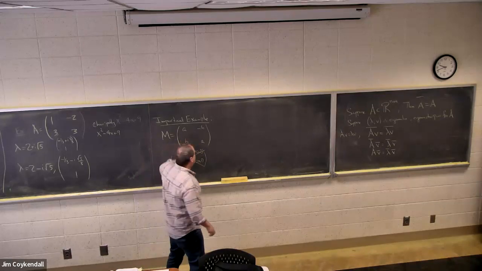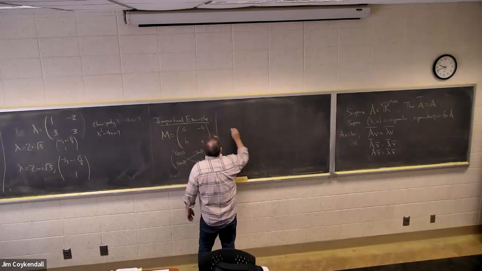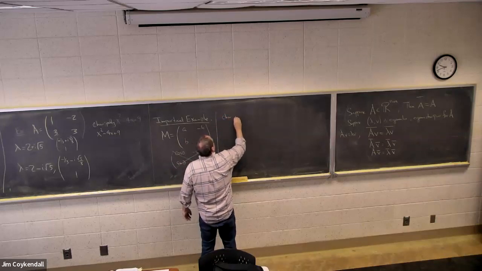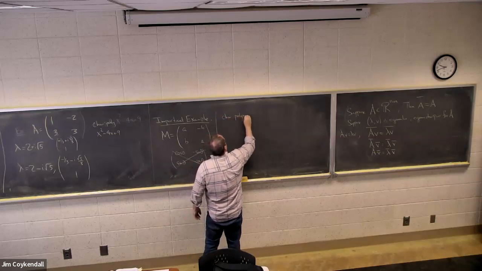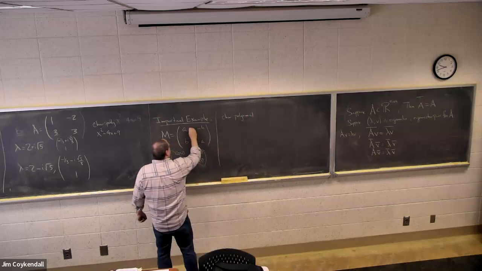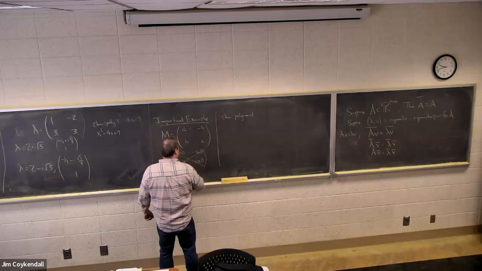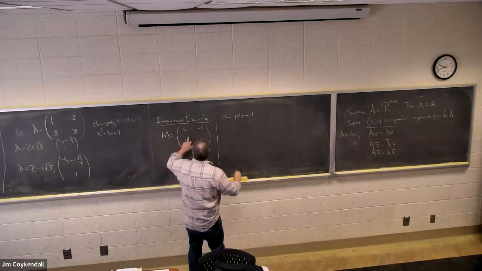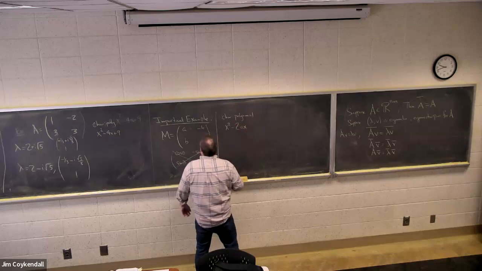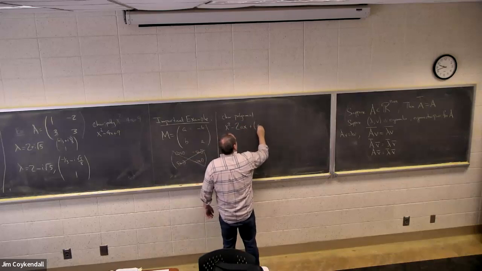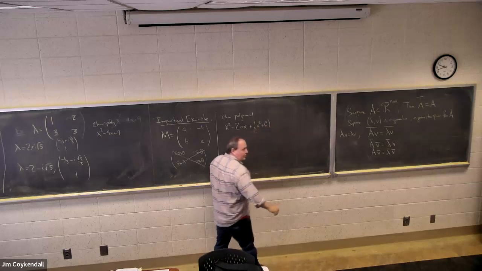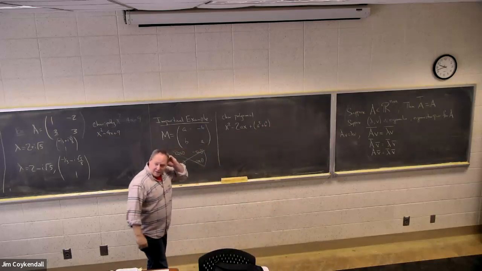Now, if I were to compute the eigenvalues, the characteristic polynomial, I get x squared minus 2ax plus a squared plus b squared. There's your characteristic polynomial for this.